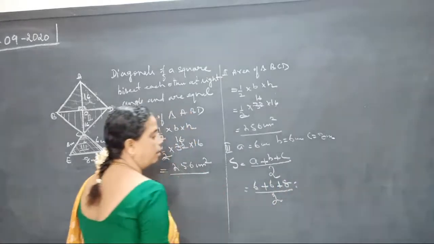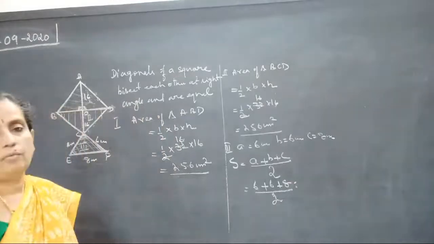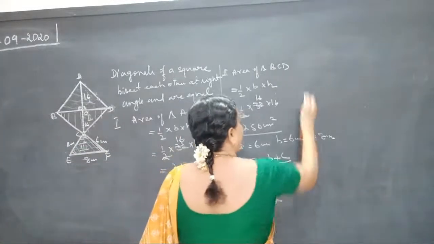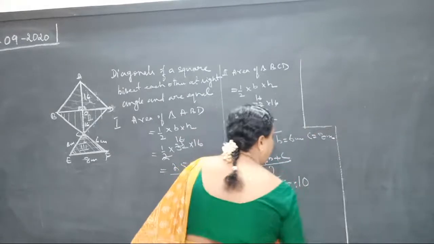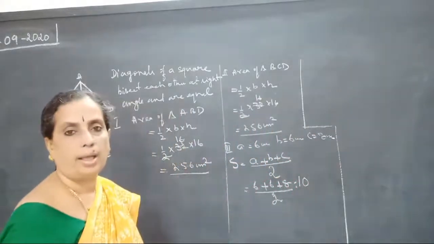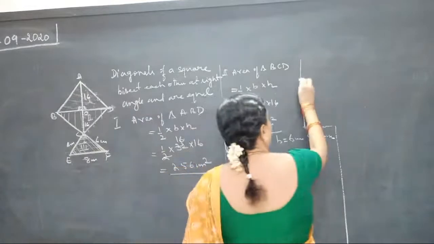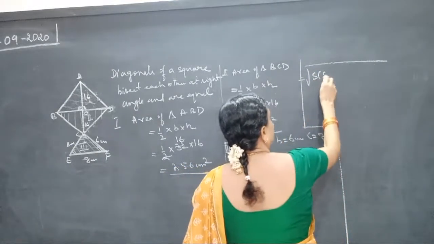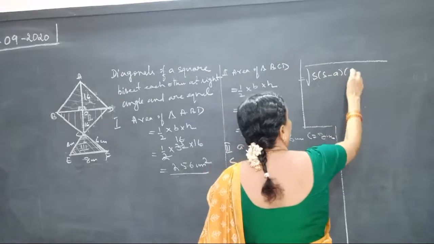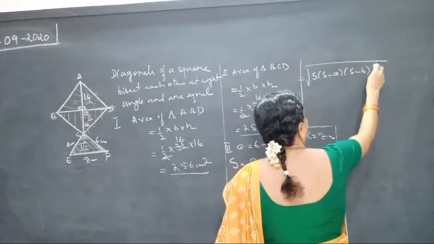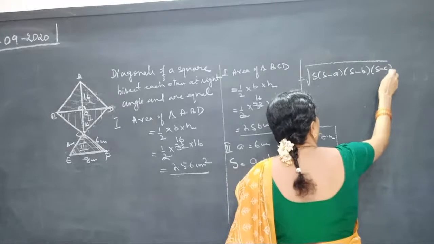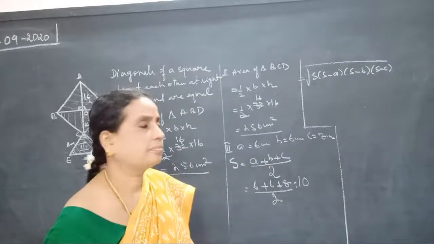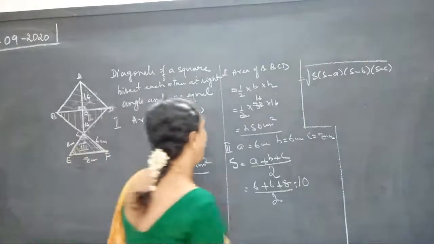What you will get? 8 plus 6, 14 plus 6, 20 by 2, it is 10. Now let us calculate the area using Heron's formula. We will get root of S into S minus A into S minus B into S minus C, where S is given as 10.